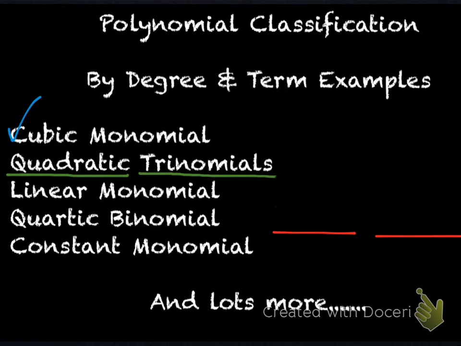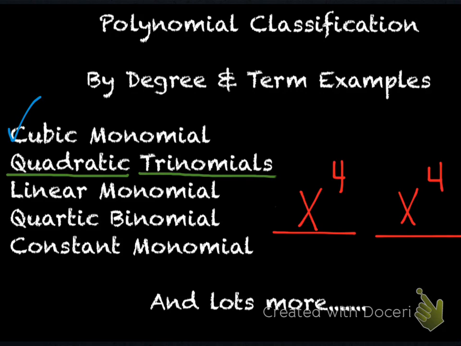So I'm going to put that down, x to the 4th. Now, it doesn't matter what else I put, as long as I don't put something higher than a 4 as an exponent. And I don't want to put another x to the 4th here. Now, that's not going to be a quartic binomial.